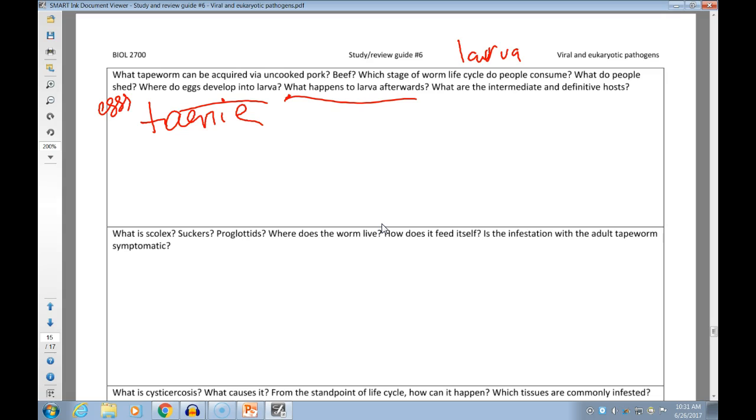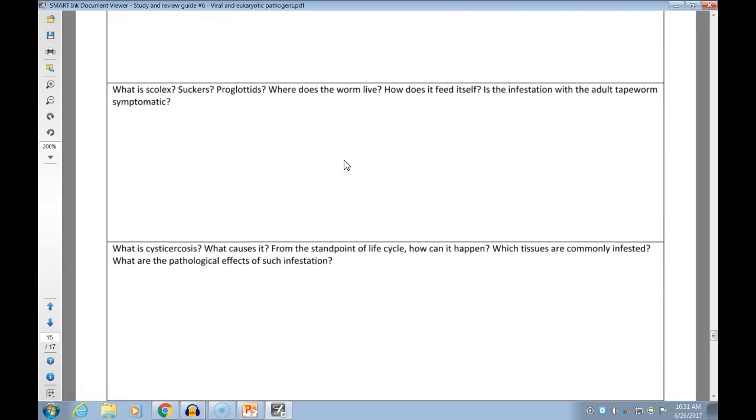Okay, what happens to larva? Larva goes from the intestines of the cattle into the muscles. We consume it. Intermediate hosts are pigs and cattle. We are definitive hosts. Scolex, suckers, proglottids. I told you today, intestines, diffusion. Worm feeds itself by diffusing nutrients.